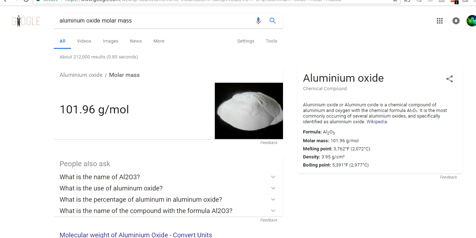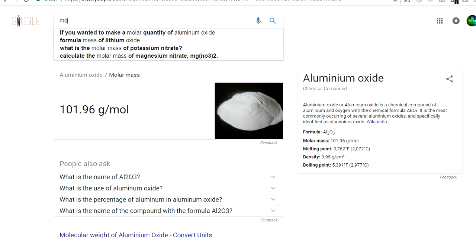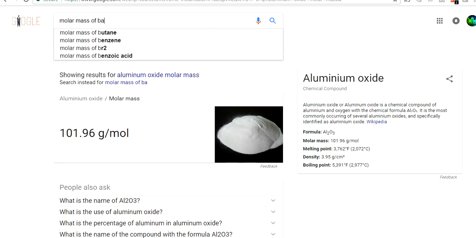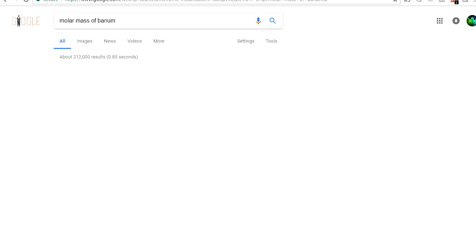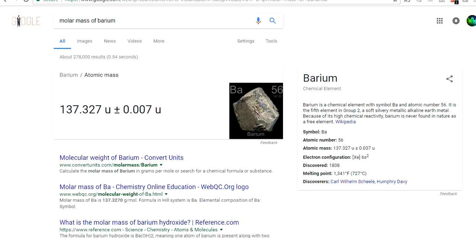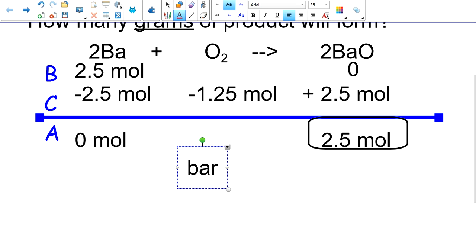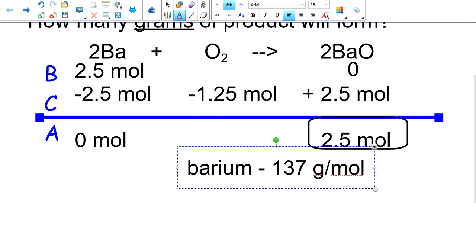I don't have my periodic table, so I'm going to use this. I'll say molar mass of barium. Again, you can just find it on the periodic table. Is 137, and the units on that is grams per mole. So that's 137 grams per mole. Barium's molar mass is 137 grams per mole.